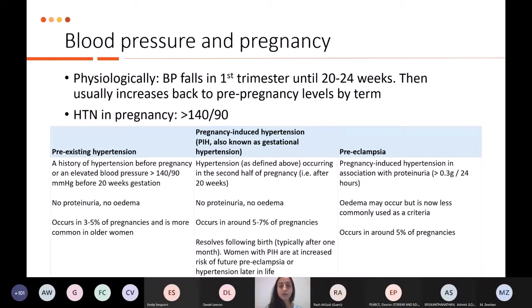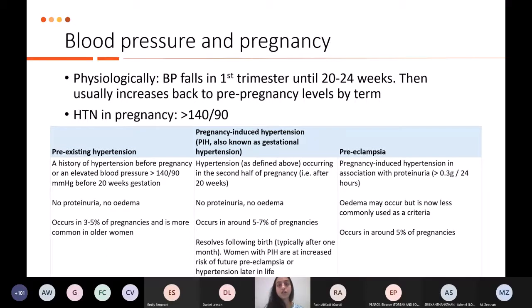During the second trimester, blood pressure usually drops, even though the cardiac output is going up, because the placental circulation is expanding and the systemic vascular resistance decreases. Your pipes open up and that drops your blood pressure.